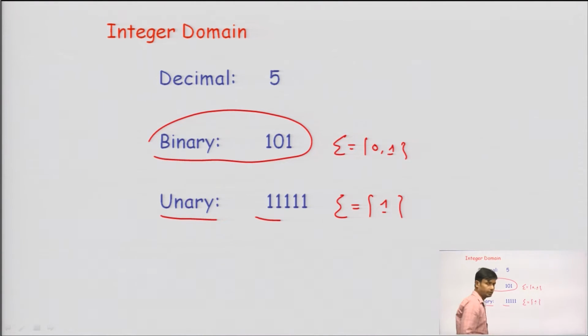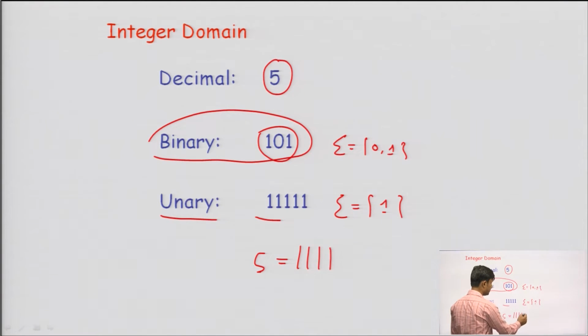While doing some computing function, as per your requirement you can take the binary input alphabet or the unary input alphabet. For example, this 5 is the decimal value. If we take binary, it is 101, and if we take unary, 5 is five 1s. It is just a count of how many 1s there are, here 5.